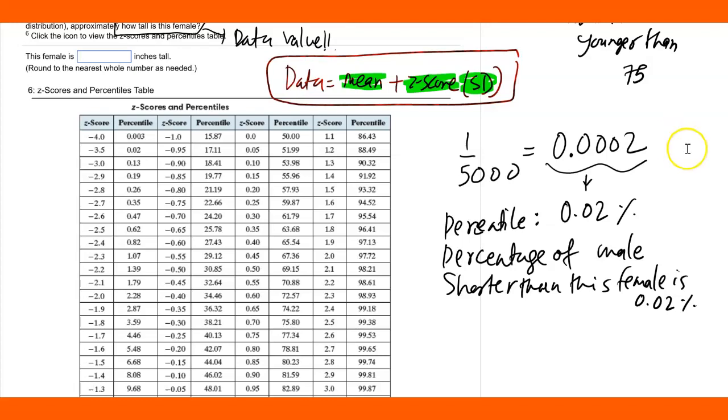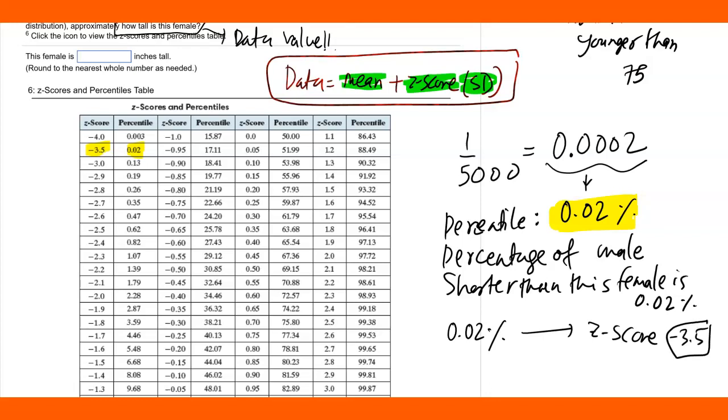Now look for this percentile and find the z-score from the table, the closest value or exactly the same one. The 0.02 percentile is here. What's the z-score for 0.02? The 0.02 percentile has a z-score of negative 3.5.